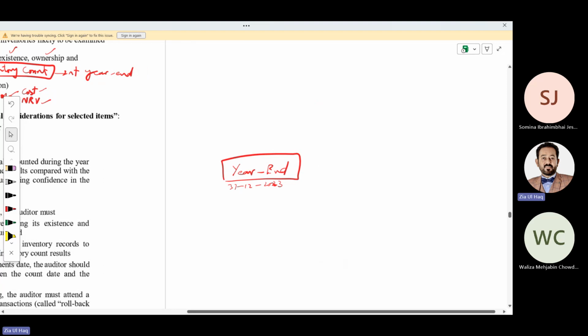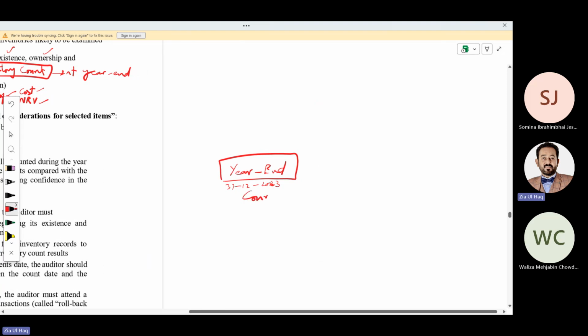After the inventory count, against the count they need to adjust the PIR. If the inventory count shows 900 units, while the PIR shows 930 units, they need to adjust the PIR to 900 units.